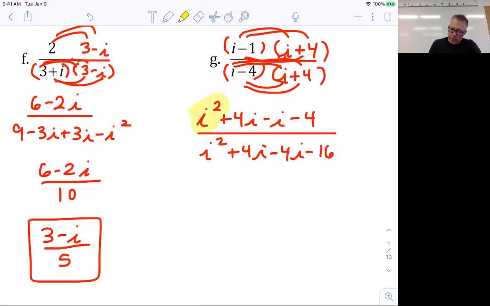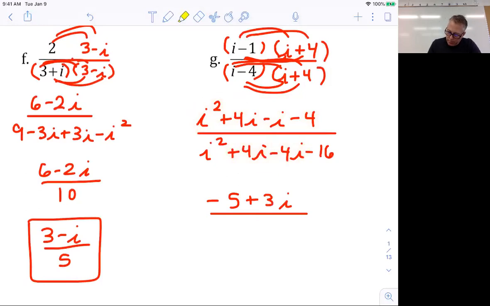So i squared is negative 1, so that's going to be negative 1 minus 4, which is negative 5. And then 4i minus i is 3i. So the top, or numerator, is negative 5 plus 3i. In the denominator, the two middle terms cancel, which is good.